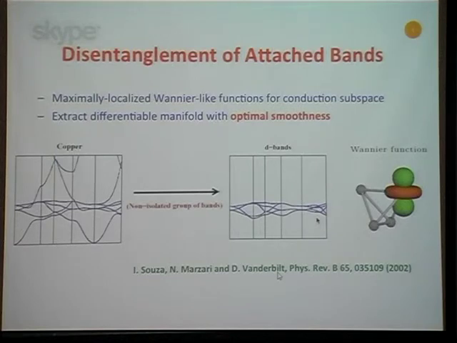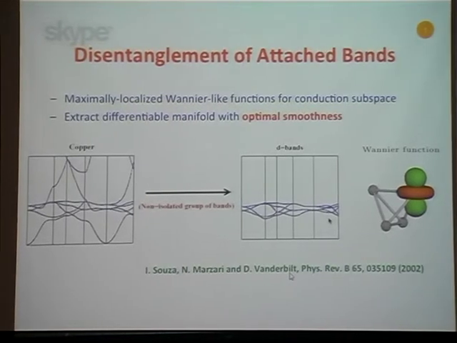So the criterion of disentanglement is a criterion of smoothness that says we are going to disentangle a manifold of a certain dimension.